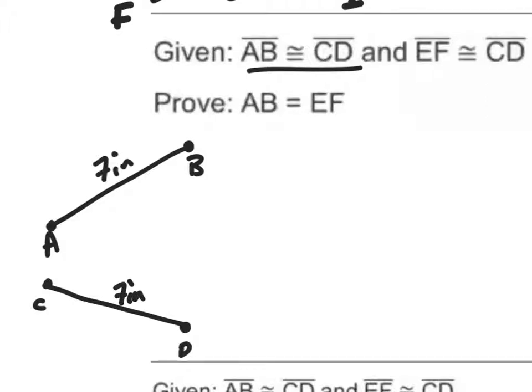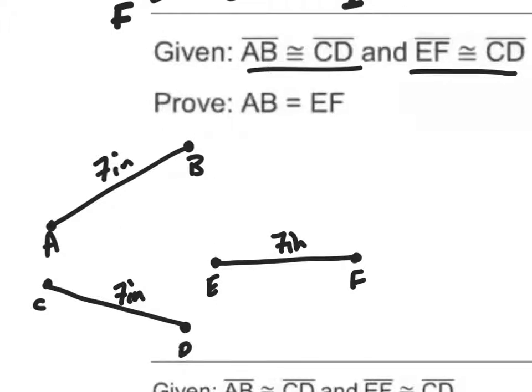Now, the other given statement is that EF is congruent to CD. So let's write out EF. And if CD is 7 inches, then what's EF going to be? 7 inches. Makes sense?